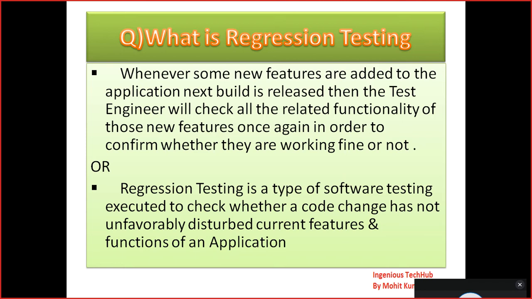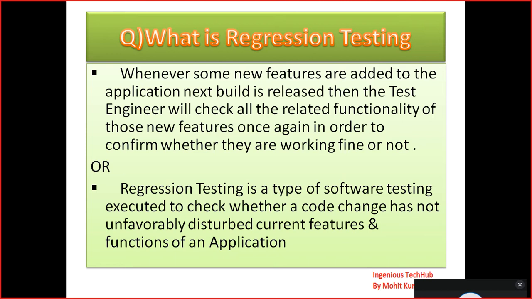Then again the developer will do the same work: unit testing, and deploy to the testing environment. After that, if it is not a fresh build, we will do sanity testing. Sanity testing means we only check the important functionality.